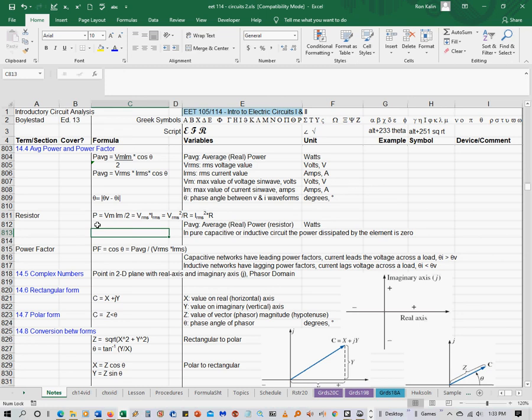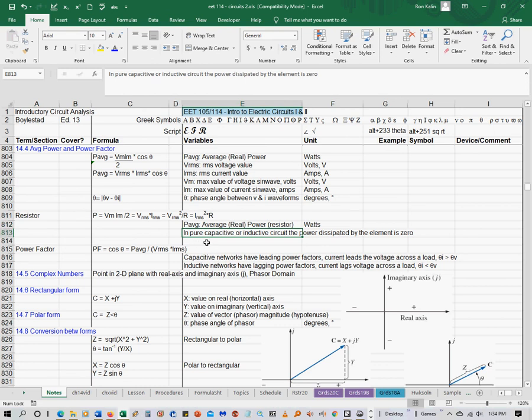To calculate the power in a circuit, you would take V sub m times I sub m divided by 2, or take the V RMS times the I RMS. That'll give you the real power. If it's a truly resistive circuit, you can also calculate it using V RMS squared divided by R, or I RMS squared times R. The average values are in watts.